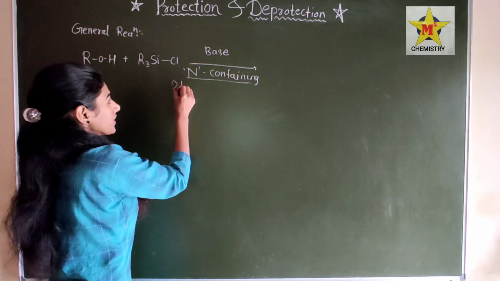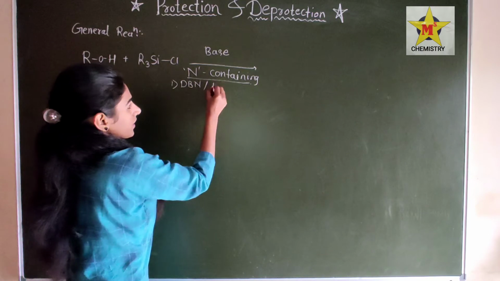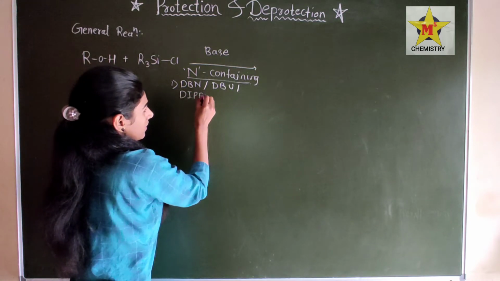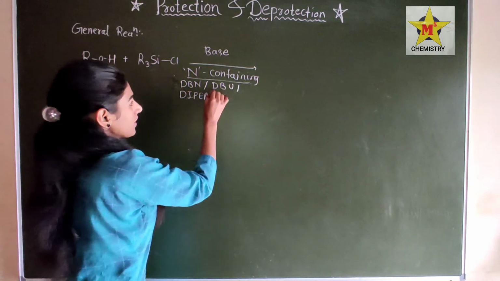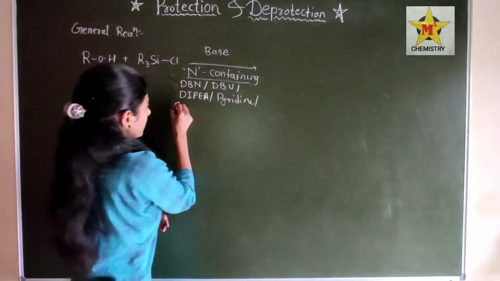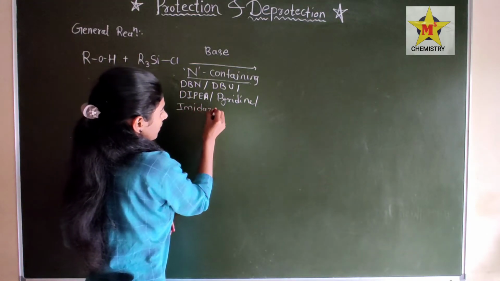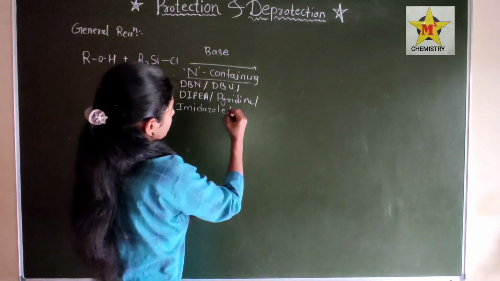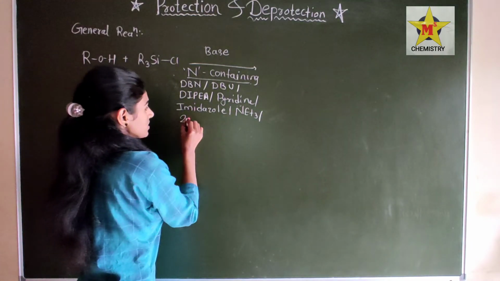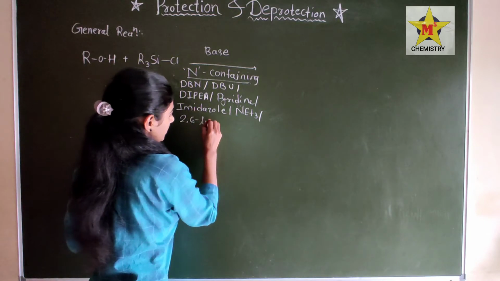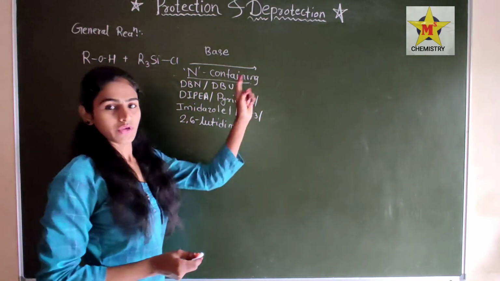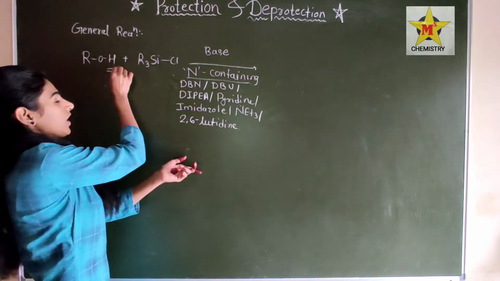These are DBN, DBU, diisopropylethylamine, that is DIPEA, pyridine, imidazole, NEt3, and also 2,6-lutidine. These are all nitrogen containing bases which we use to abstract the proton of alcohol.